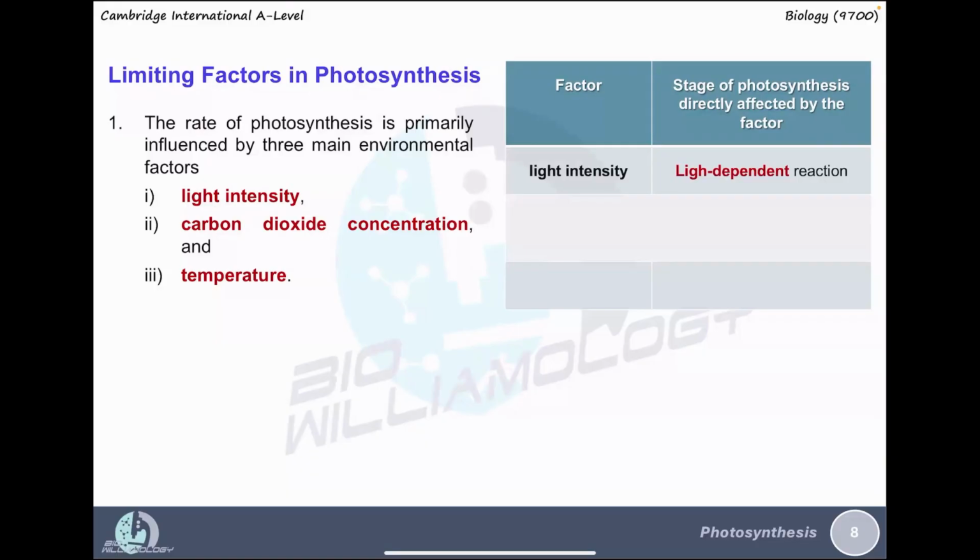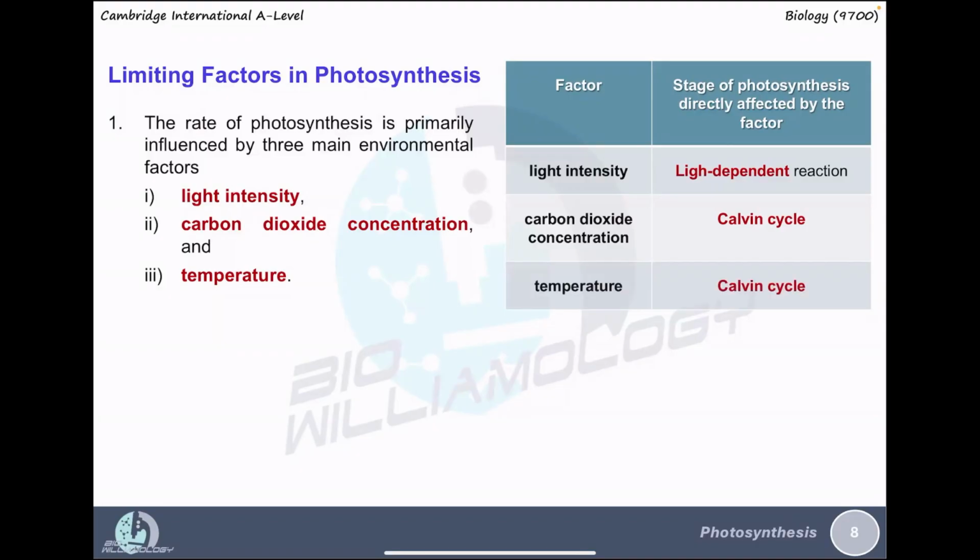Light intensity affects the light-dependent reaction, both cyclic and non-cyclic photophosphorylation. Carbon dioxide affects the Calvin cycle directly, because carbon dioxide needs to be incorporated into the Calvin cycle.